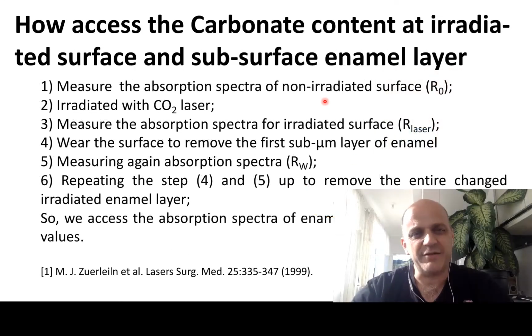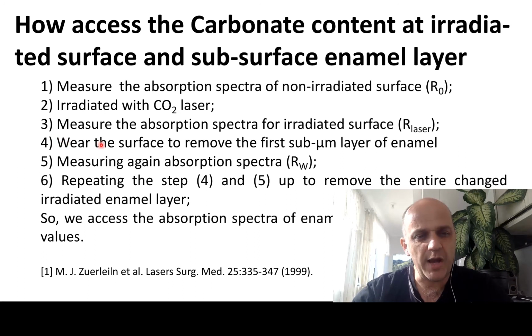To access the absorption spectra in the subsurface enamel layer, we do the following steps. First, we measure the absorption spectra of a non-irradiated sample. That is the index R0. After that, irradiate with a CO2 laser, measure again the absorption spectra, and you have the index, the carbonate content, after laser irradiation.